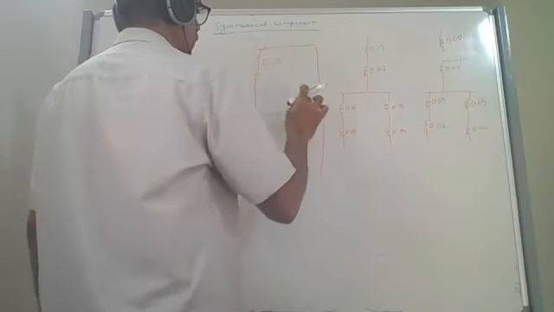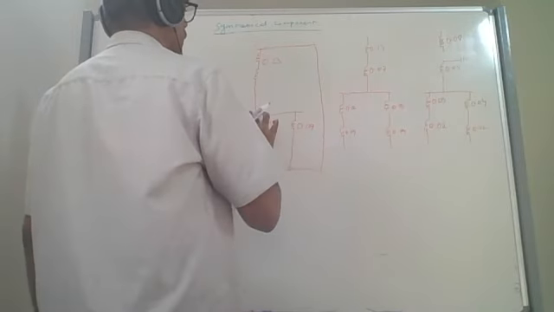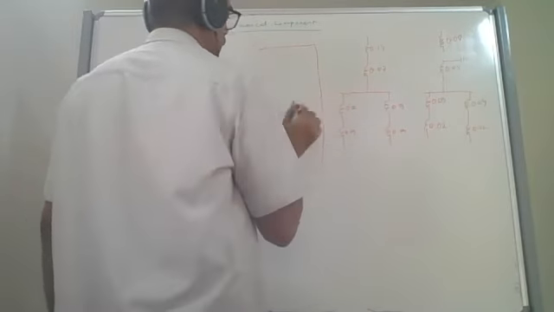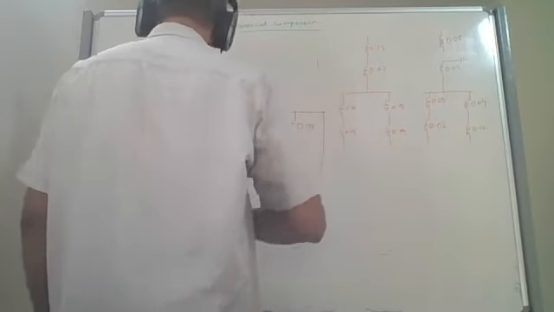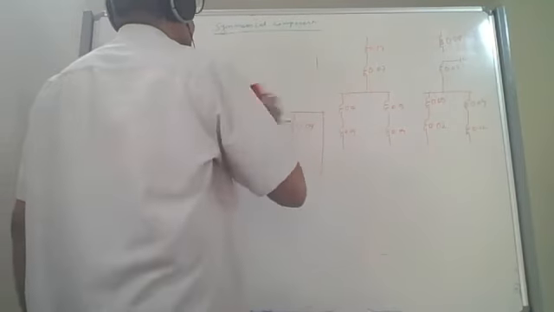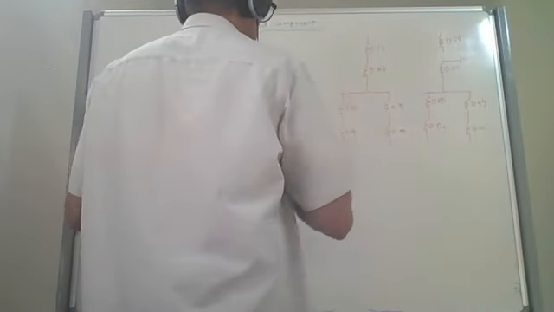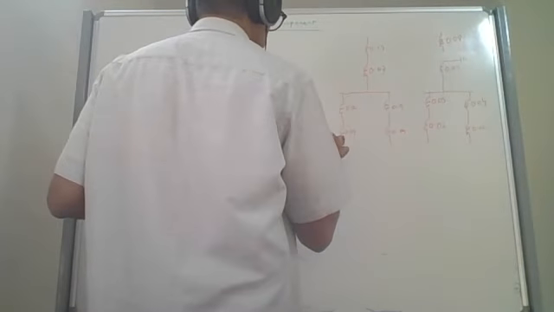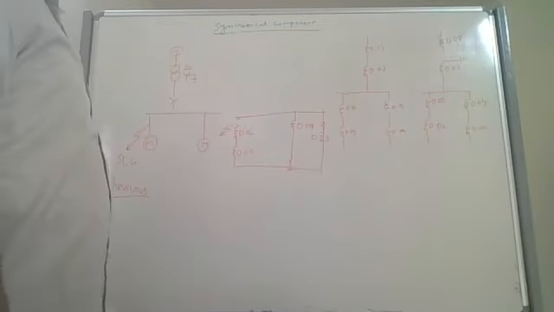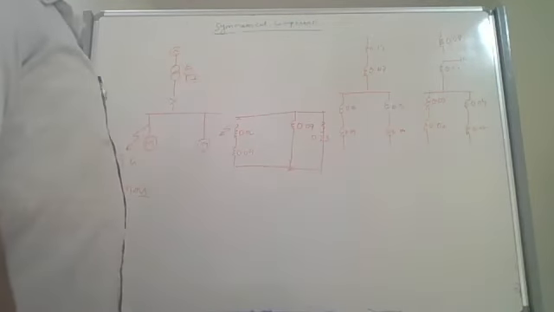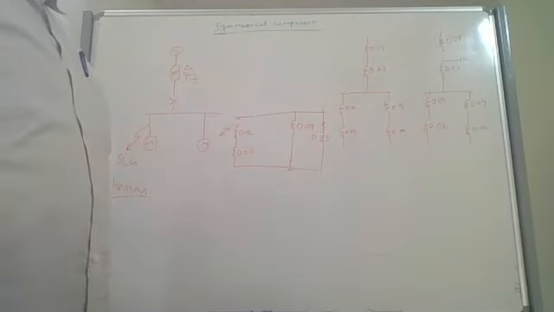Now these two will become something like this, here 0.23. So 0.23 parallel with 0.07. What is the impedance? Anybody can calculate and tell me approximately. Pinaki ji.